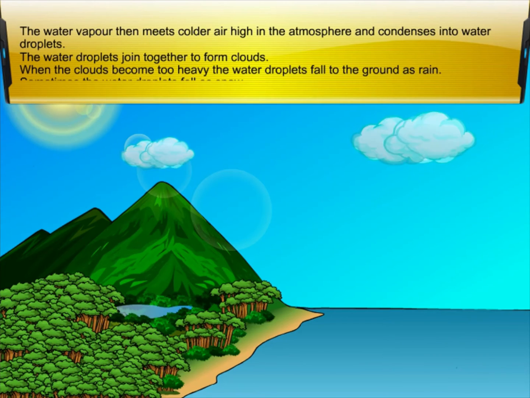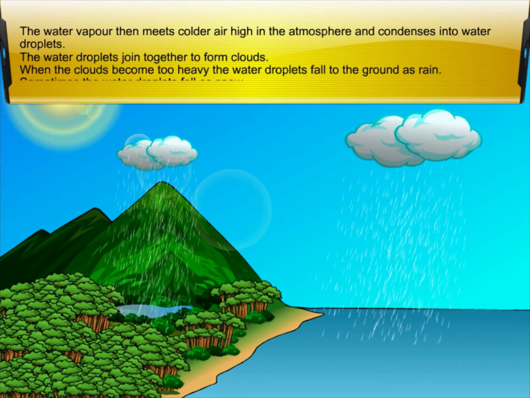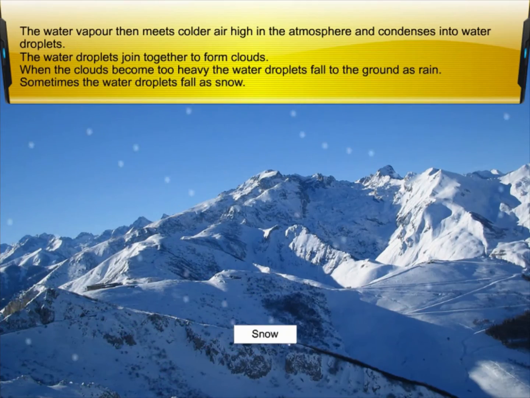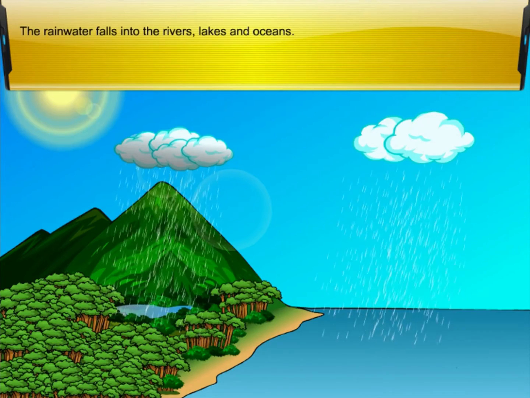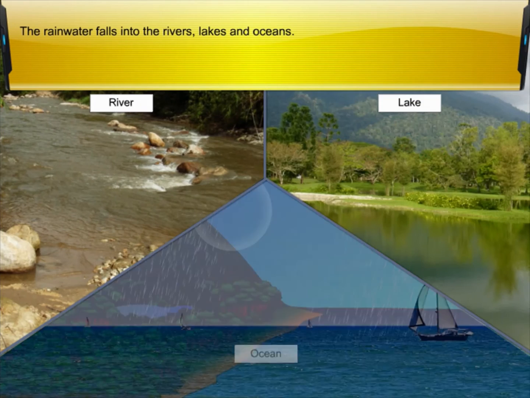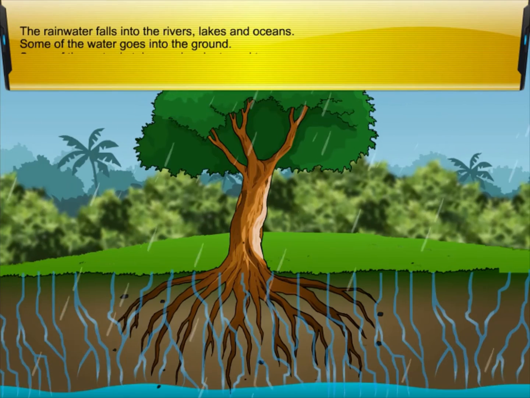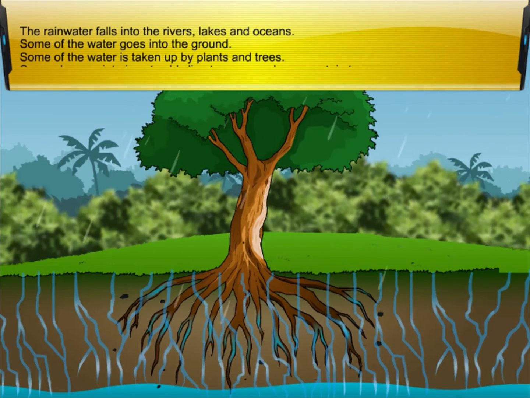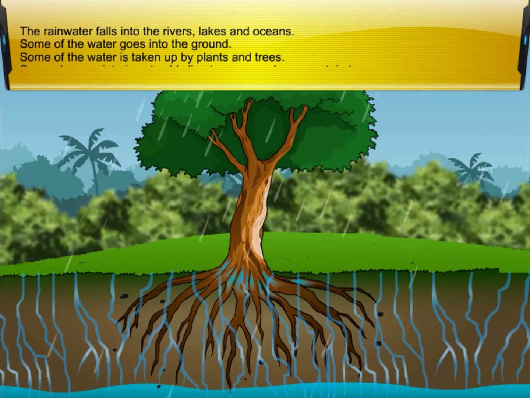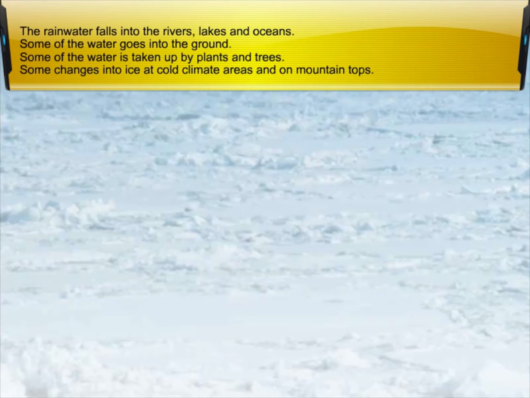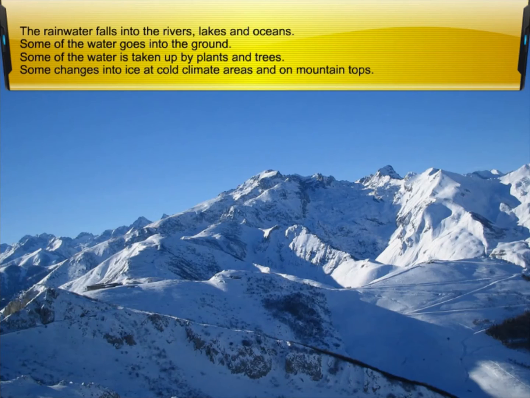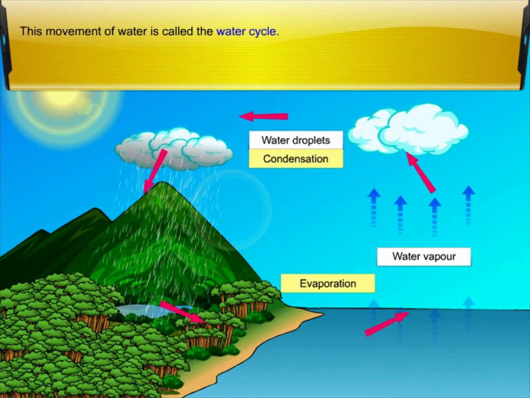When the clouds become too heavy, the water droplets fall to the ground as rain. Sometimes the water droplets fall as snow. The rainwater falls into the rivers, lakes, and oceans. Some of the water goes into the ground. Some of the water is taken up by plants and trees. Some changes into ice at cold climate areas and on mountain tops. This movement of water is called the water cycle.